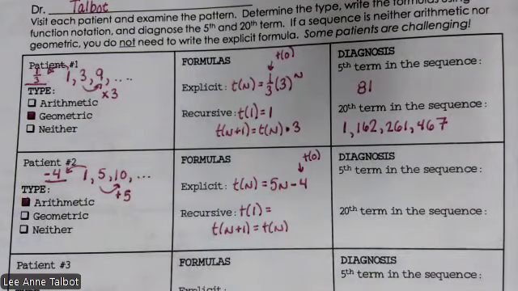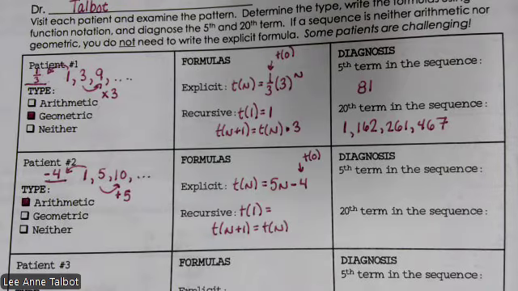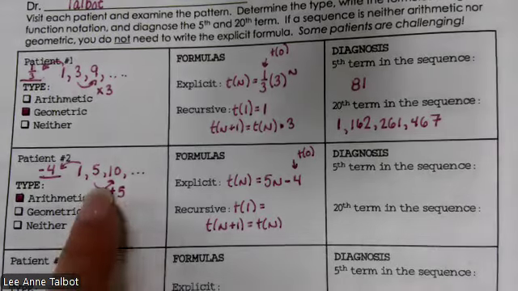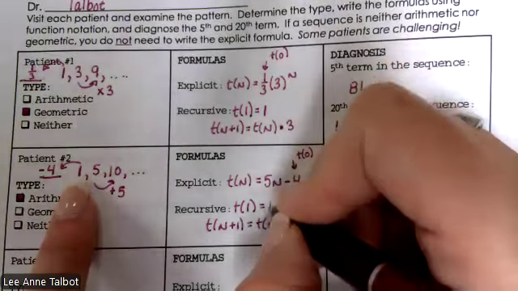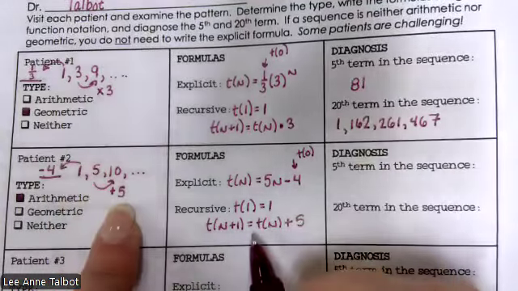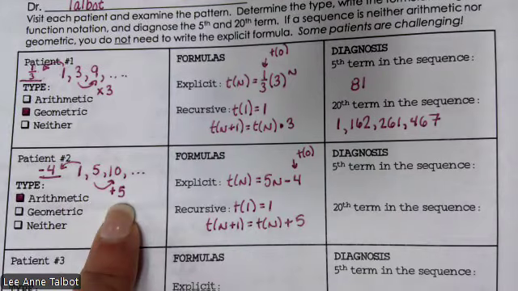It starts this way every time. First term is 1. To get the next term, you take your previous term and add 5 each time.